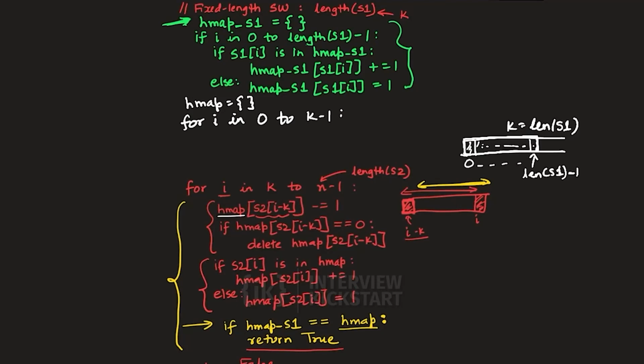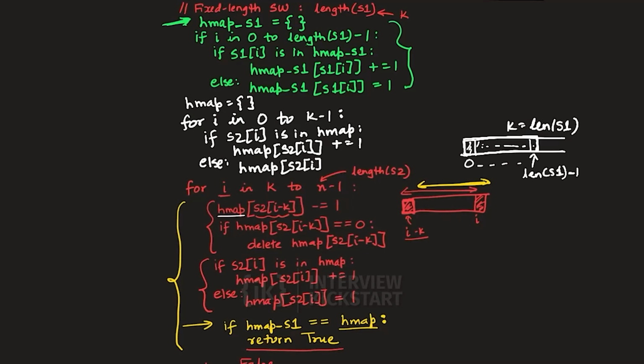I'm just using the variable k because we've used that in earlier problems. So if s2 of I, if the character happens to be in the hash map already, we just increment its frequency by 1. Otherwise, we set its frequency to be equal to 1.